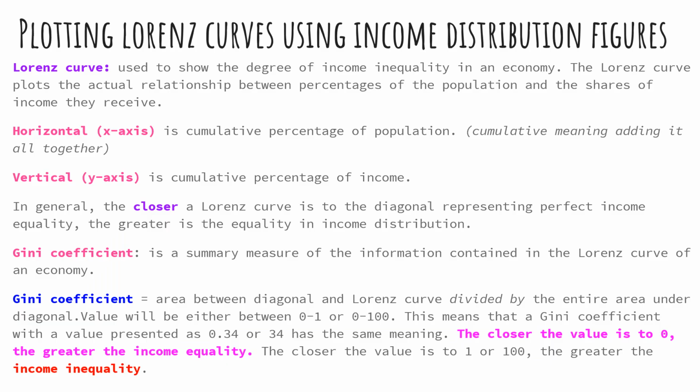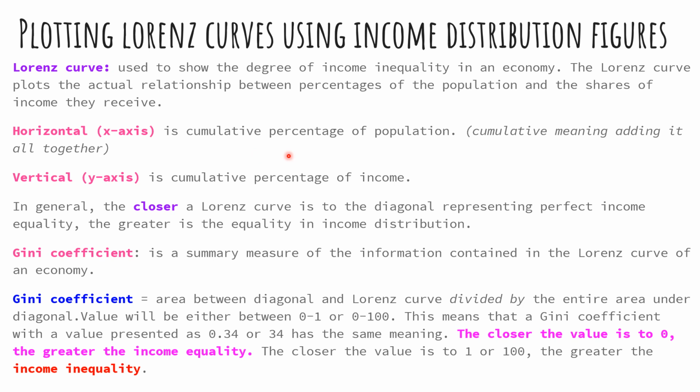Let's start with some basic definitions. So we have the Lorenz curve definition. The Lorenz curve is used to show the degree of income inequality in an economy. It plots the actual relationship between percentages of the population and the shares of income they receive. On the x-axis, the horizontal axis, you would have the cumulative percentage of population.